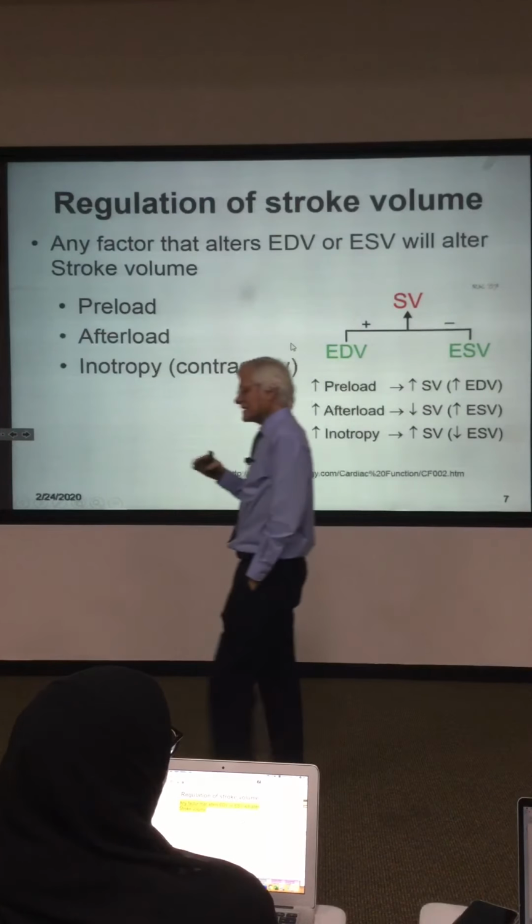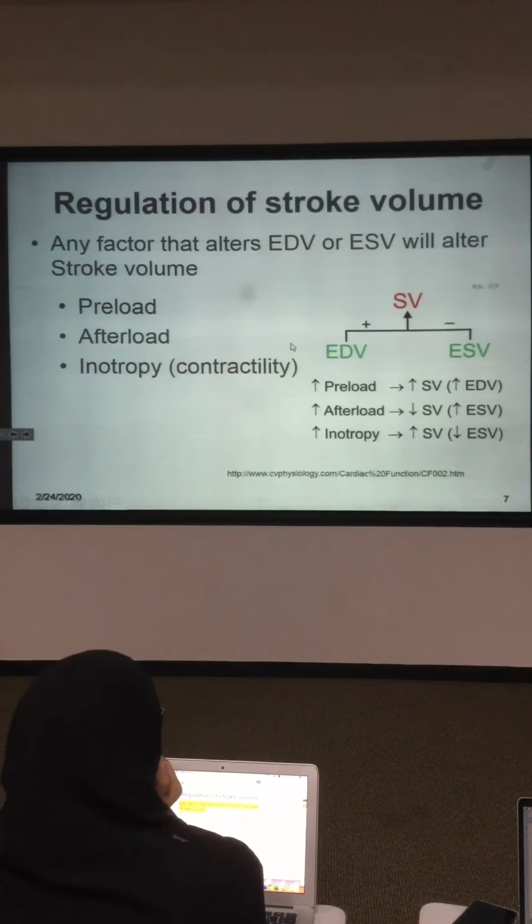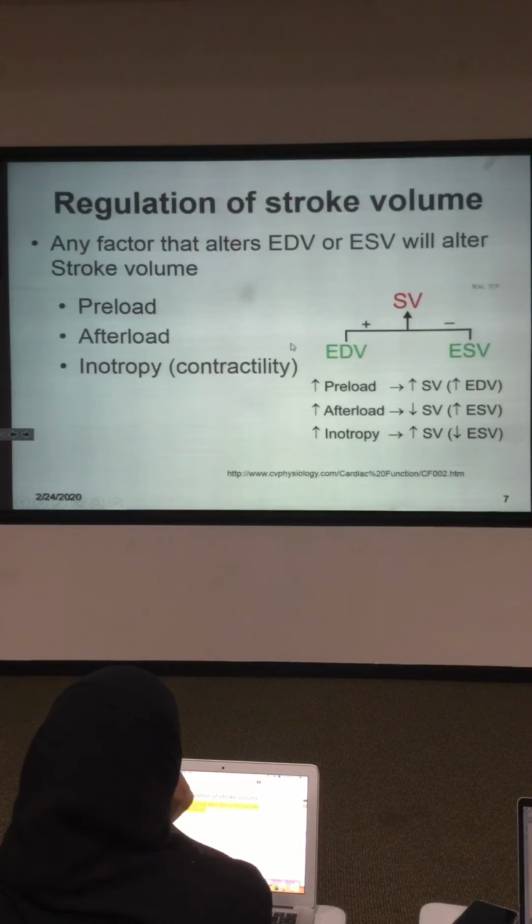So how is the volume and heart rate regulated? So there are three things I wanted to talk about: preload, afterload, and inotropy, or contractility. Inotropy. Another word for that is contractility.